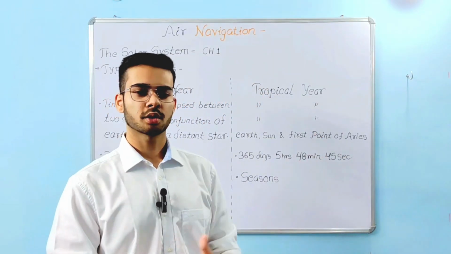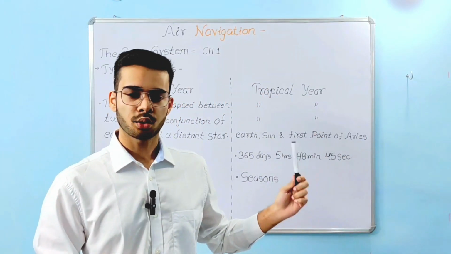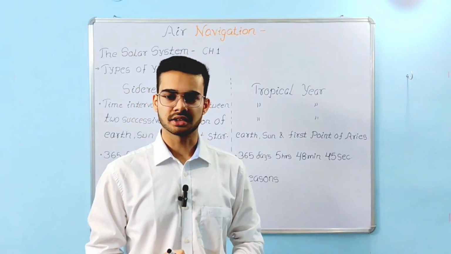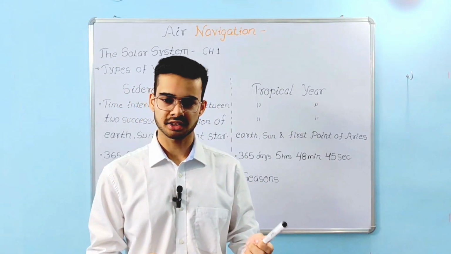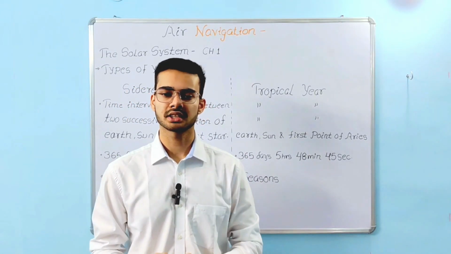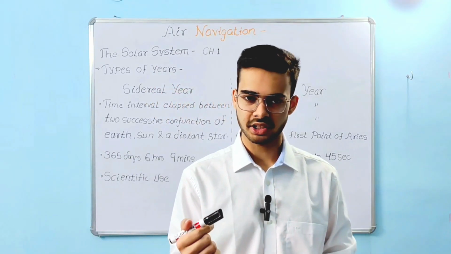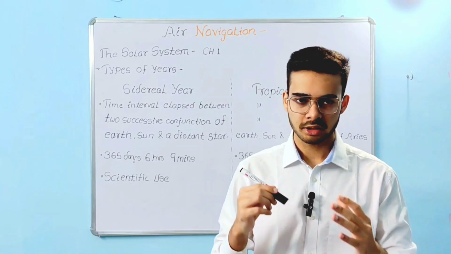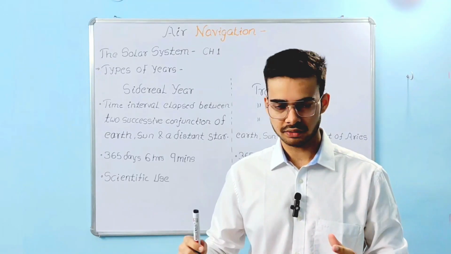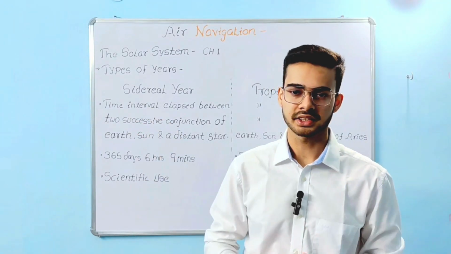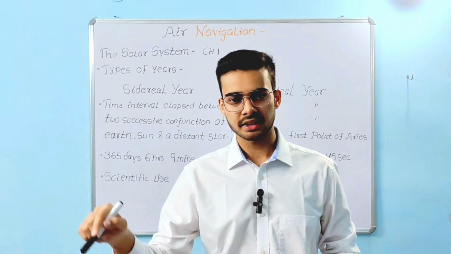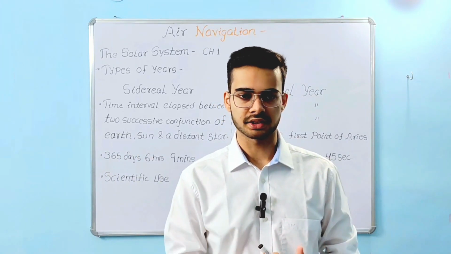The benefit of the tropical year, the seasons always occur in the same months. Like June, July is the summer season. It will always occur in June, July. For us, winters happen nearly in November, December, January months. So winters will remain in these months only. But if we were using the sidereal year, it would have been completely disrupted in a few years.